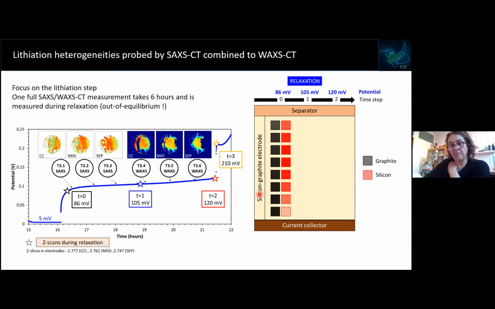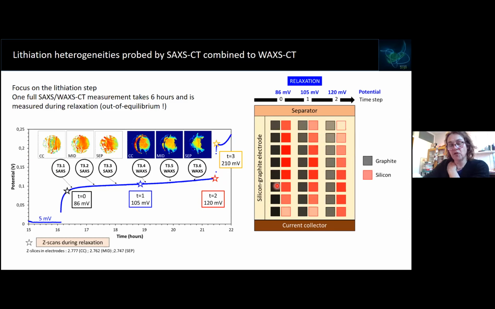The black squared shapes show you the different positions, different lithiation state of the graphite. So the more it is black, the more it is lithiated. And the red is the silicon. And this is the first point. So we are at 86 millivolts already. And then we can see the results from the second and from the third points that we have measured during the relaxation until 120 millivolts.